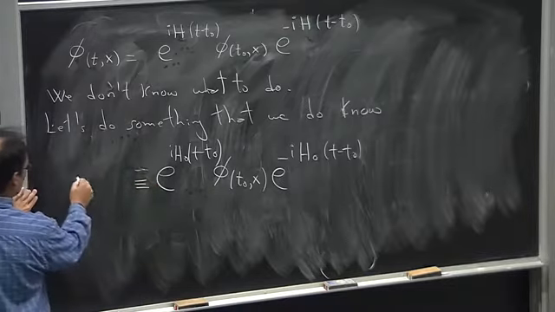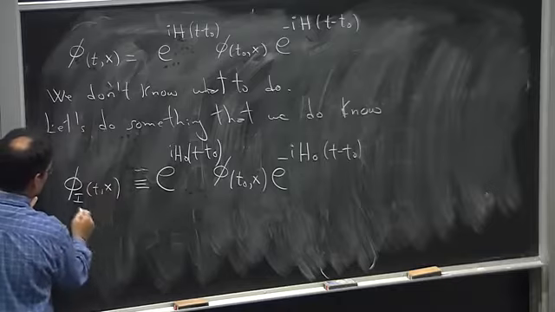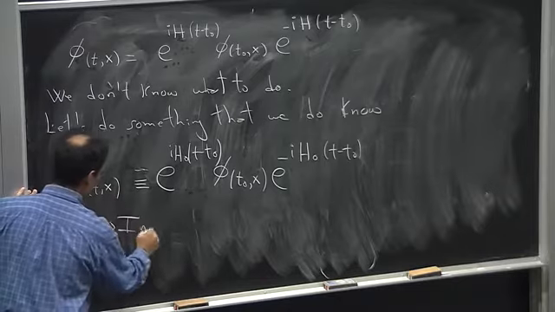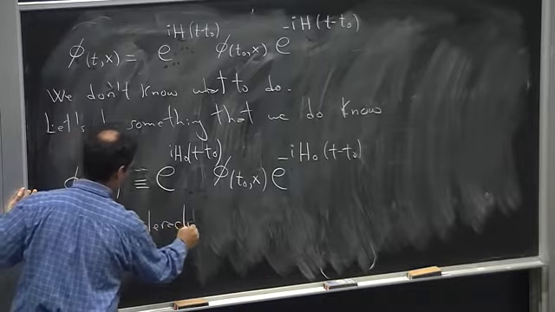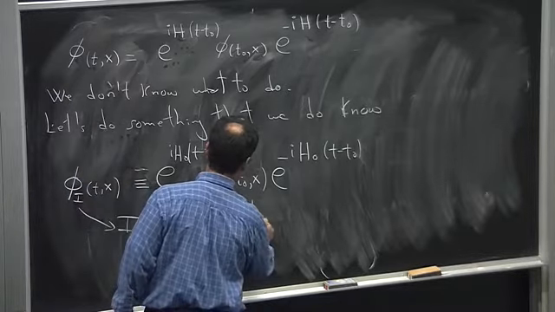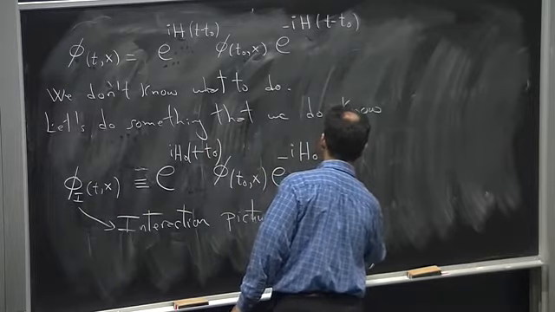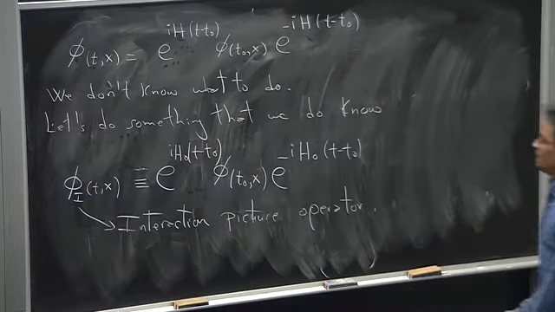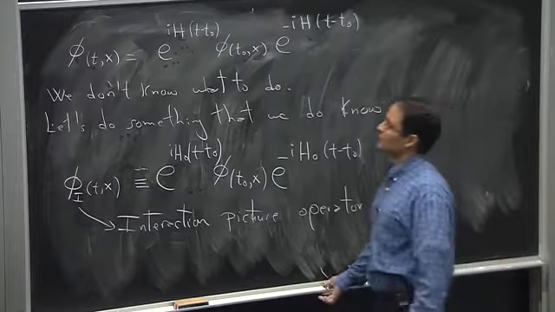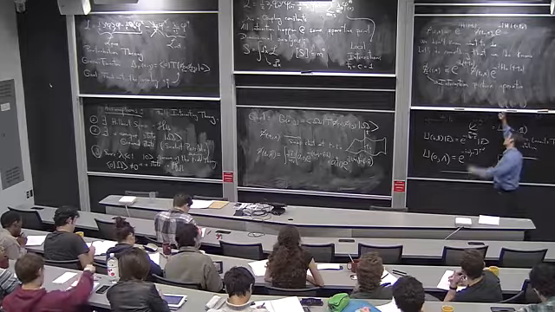And people like to call it the interaction picture operator. And we're going to end the lecture by simply saying the following, which is, again, completely useless at the moment.